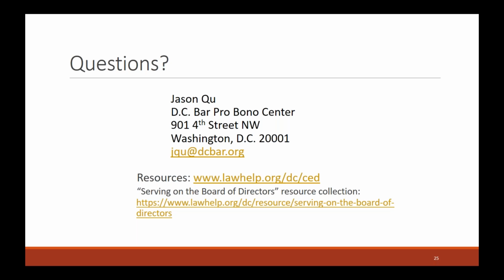You sort of want the board to be the body that's going through that deliberative process, because, again, that's your fiduciary duty as the board. So that's sort of the realm of issues that shouldn't be delegated to an advisory committee.